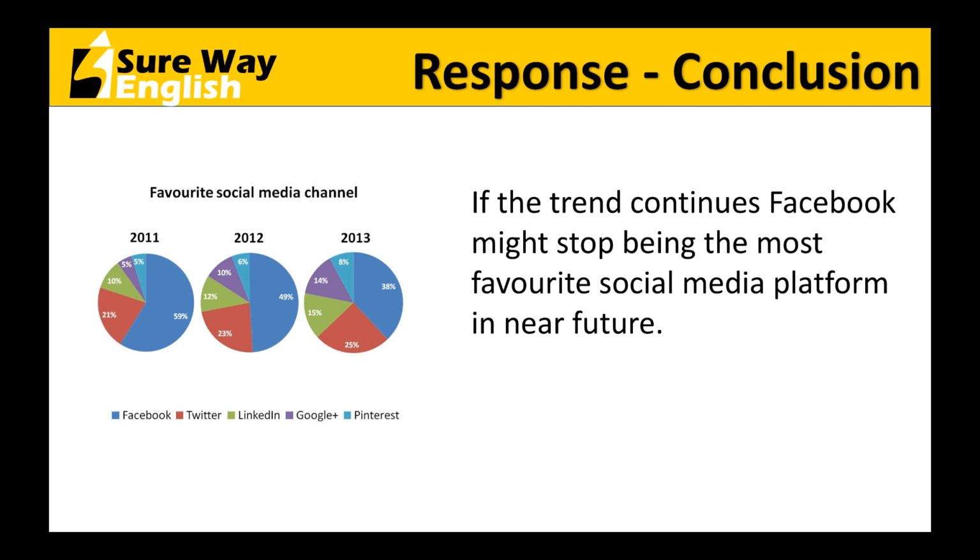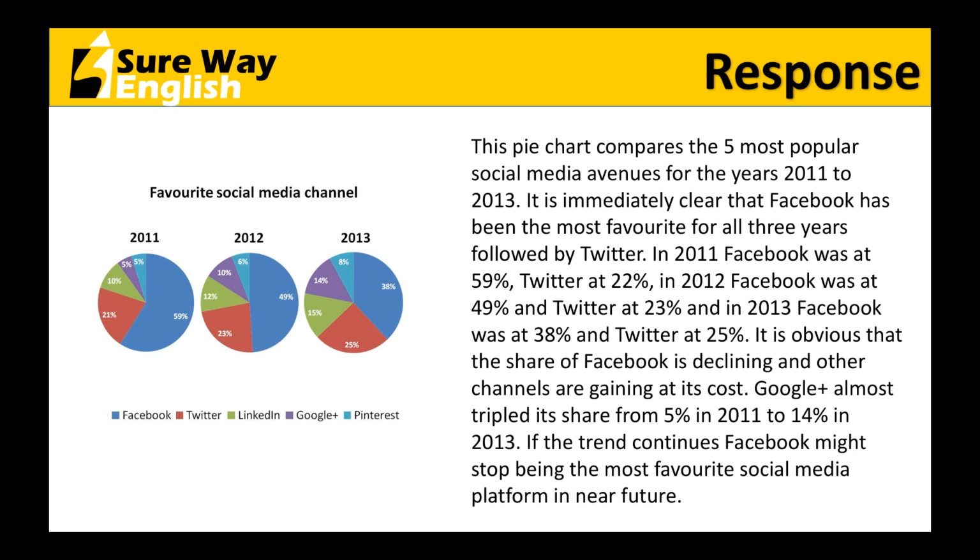So we can say, if the trend continues, Facebook might stop being the most favorite social media platform in near future. So it's possible that in 4 years time, Twitter might be the most favorite, or LinkedIn might be the most favorite. So now you can see that just by following some simple steps, asking yourself certain questions in a systematic manner, you've ended up with a pretty good response.